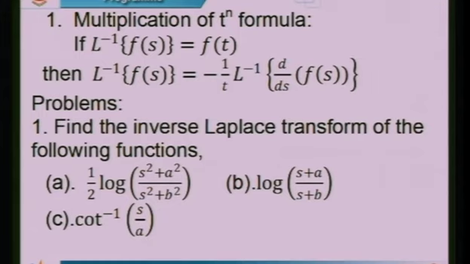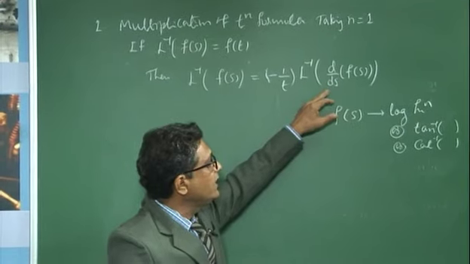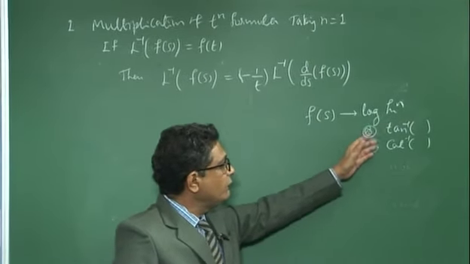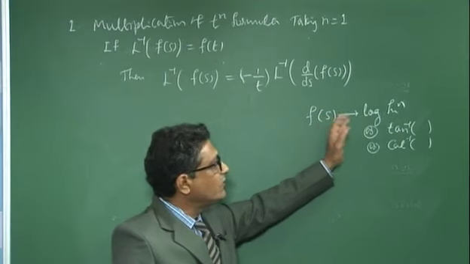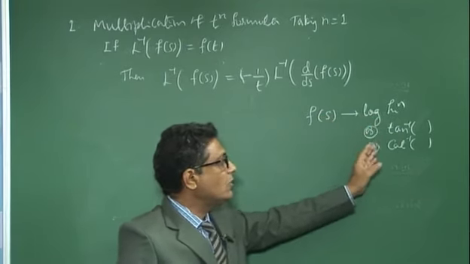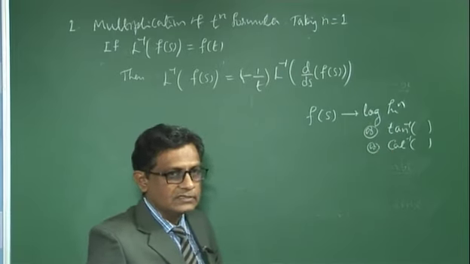Important is you have to remember this formula, L inverse of f of s equal to minus 1 by t, L inverse of d by ds of f of s. Here we can easily identify whether the given function is a logarithmic function or tan inverse or cot inverse.